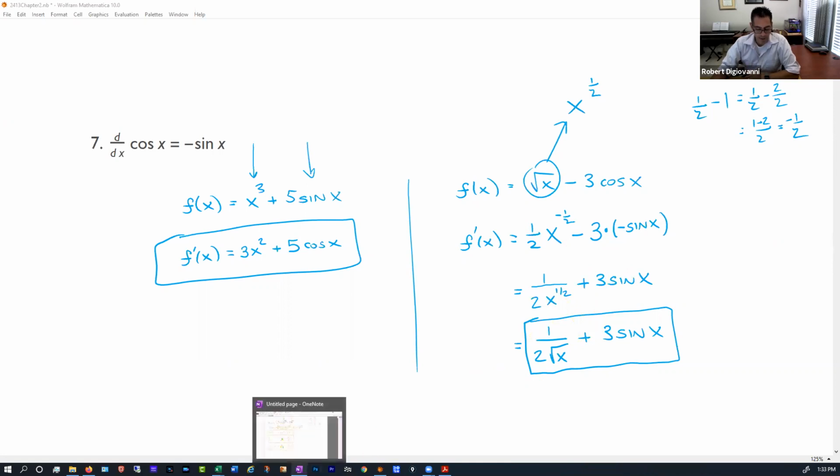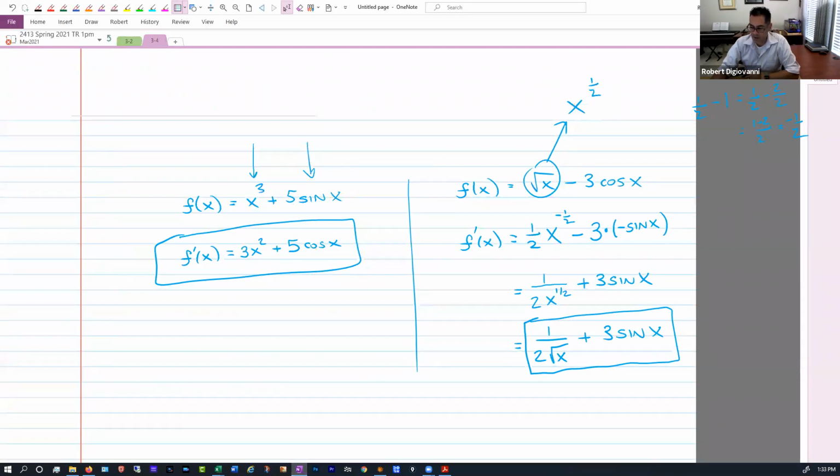Now, let me take a moment here. I want to do something real fast. All right, so I'm starting a new page because I want everyone to remember this, all right? As long as I've been teaching calculus, students will take this and they'll do this.